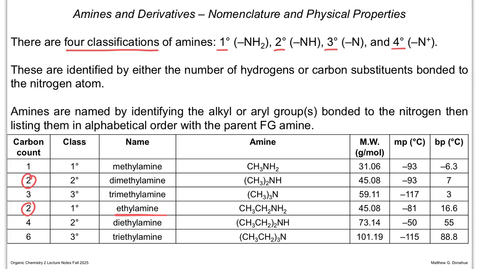So depending on your carbon count, you can generate these different isomers and make different classes. And so whether you end up with NH2, NH, or just N, again, that's going to affect the physical properties.